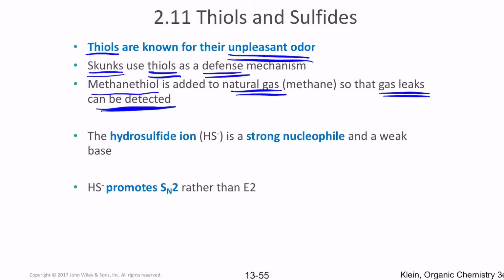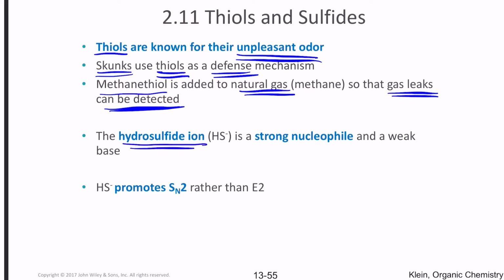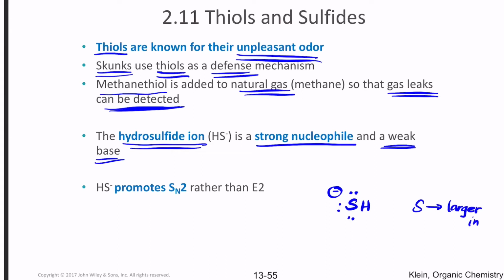The hydrosulfide ion is a strong nucleophile and a weak base. Focus on this: it's a strong nucleophile and it's a weak base. Why is it a strong nucleophile? Notice that sulfur has the same number of valence electrons as oxygen, but sulfur is larger in size.